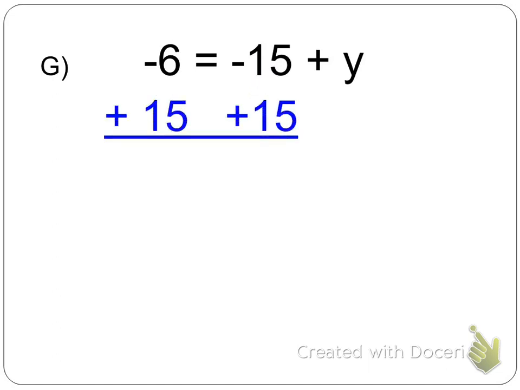So yeah, we'll end up adding 15 to both sides. Does everyone understand why we do it that way? Everybody all right? So we end up with, wait for it, yes, there it is. y equals 9. Any questions?